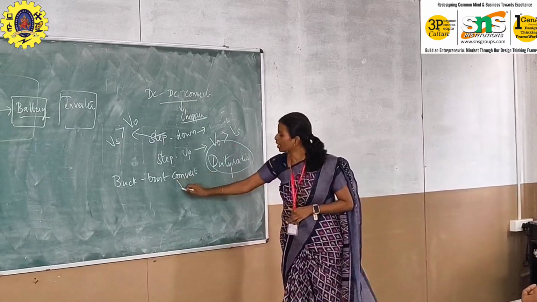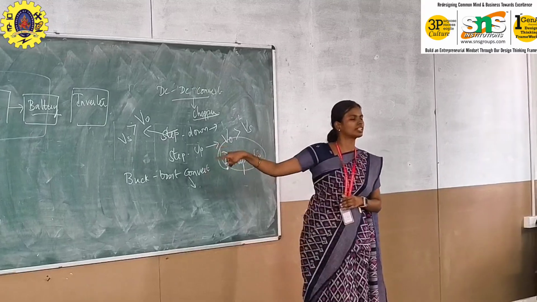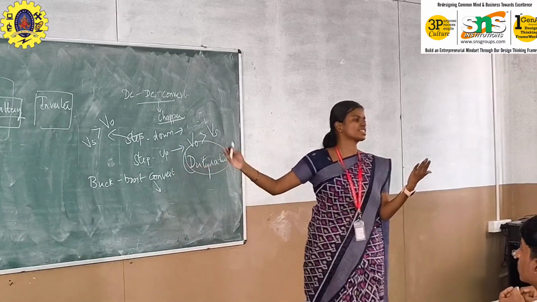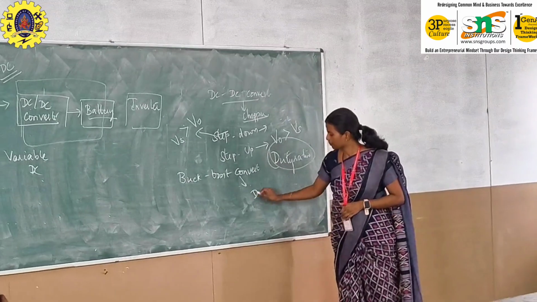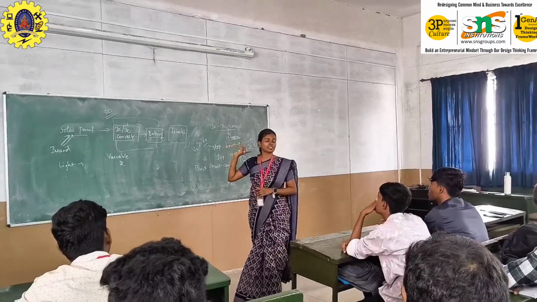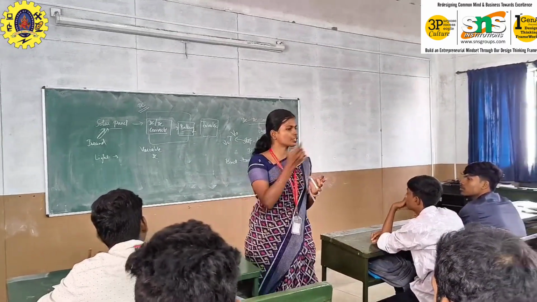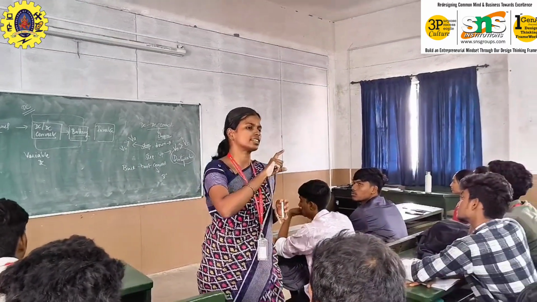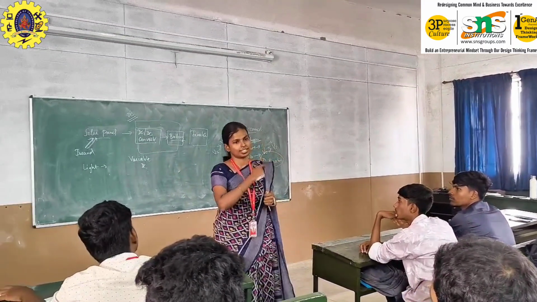In a buck boost converter, it works as step up or step down depending on your duty ratio. This is mainly used for renewable energy or any other appliances. If you are doing a project, you will see there is a DC to DC converter. You should always know its purpose. Okay, thank you.